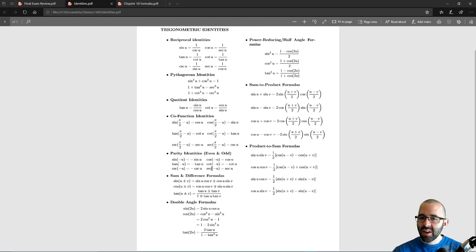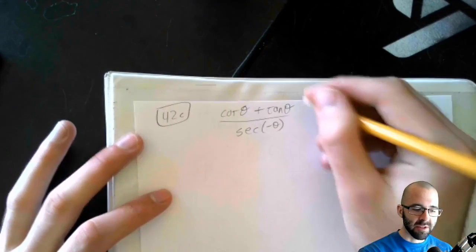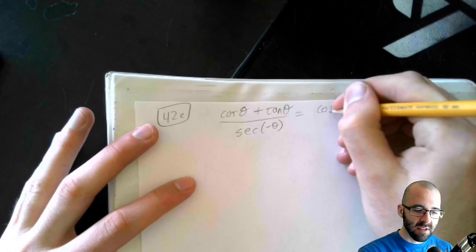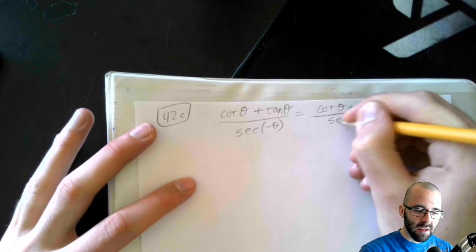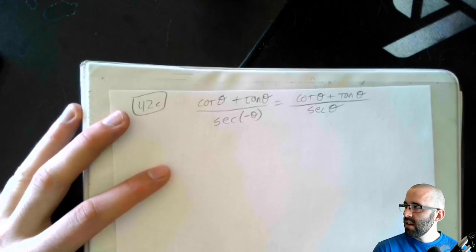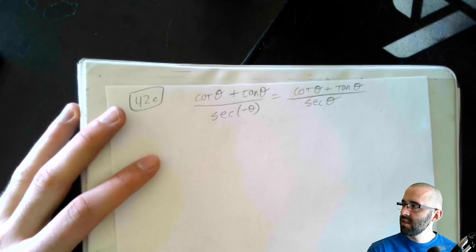Secant is an even function, 1 over cosine, which is also even. So if there's a negative on the inside, it's the same as if there were no negative at all. I'm going to do that first, before I even put things in sines and cosines. Let's just get rid of that negative because it's an even function.